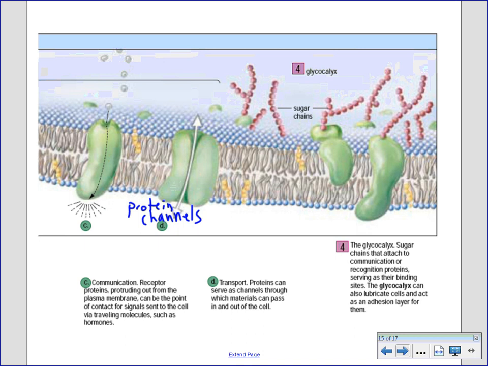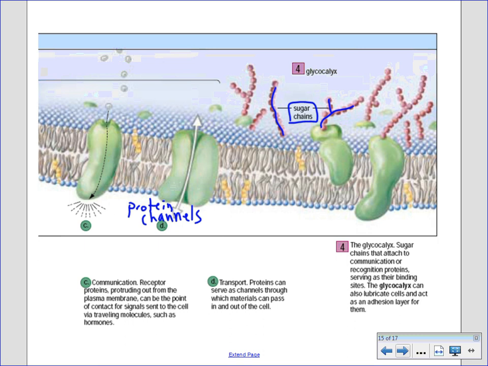And then you can also have the sugar chains, these long chains of carbohydrates attached to membrane proteins or attached to phospholipids directly. This is generally referred to as the glycocalyx, that overall layer of sugar chains.